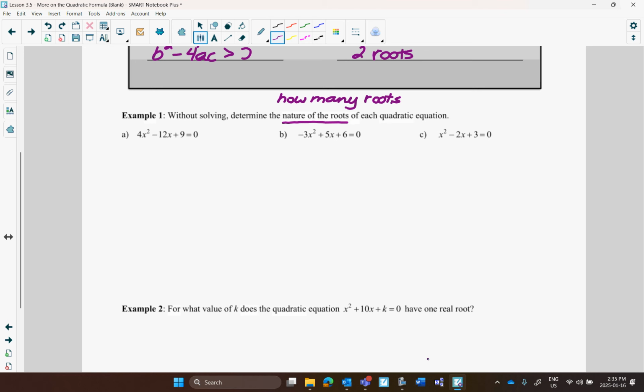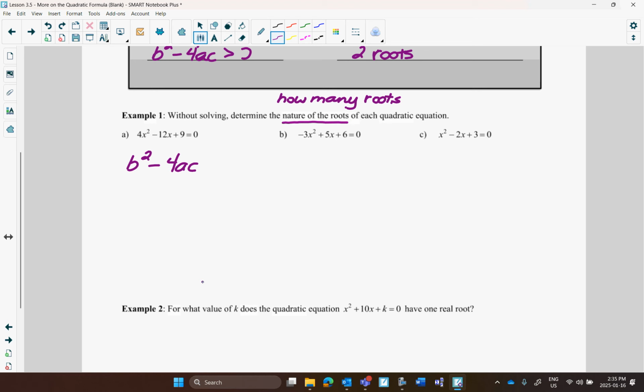Nature of the roots just means is there one of them, or none, or 2. So for all of these, we use the discriminant. We don't have to solve the whole thing to figure out how many solutions there are. We only have to figure out this portion under the square root sign of the quadratic formula.